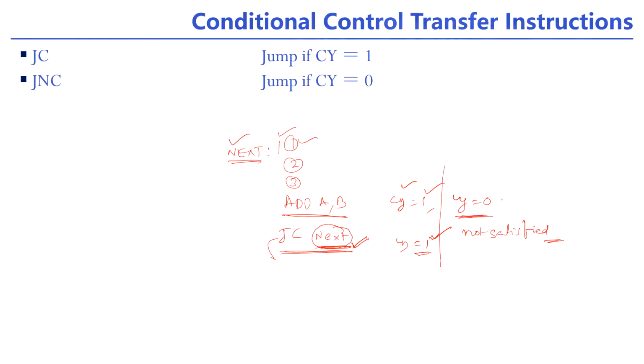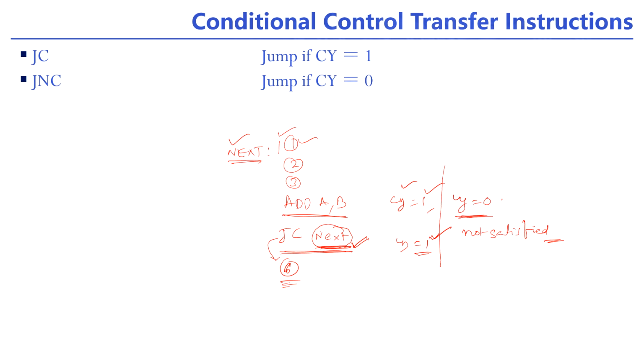Instead, it passes control to the next immediate instruction. Let us consider the next immediate instruction is the sixth instruction, so it will pass the execution control to the sixth instruction. This is the actual operation of a conditional control transfer instruction.